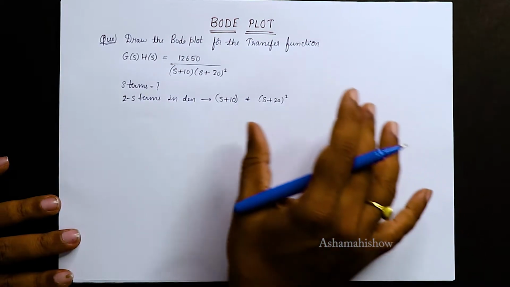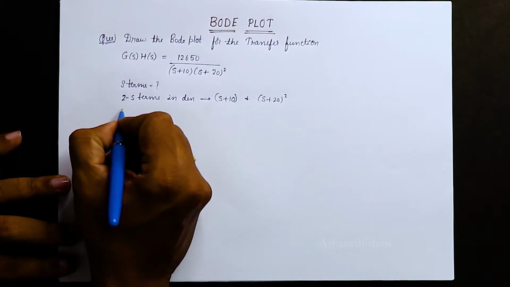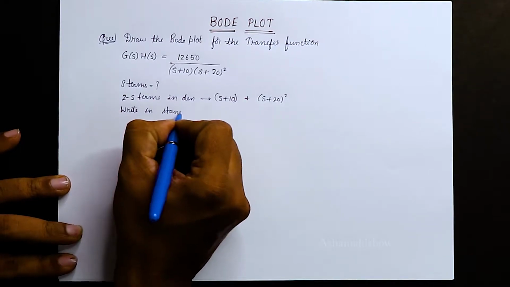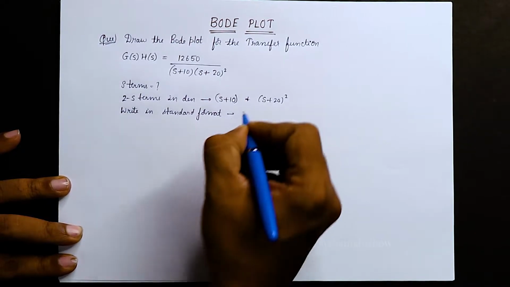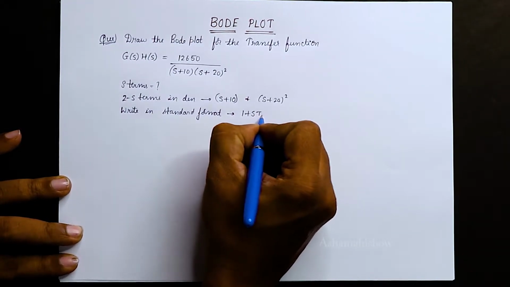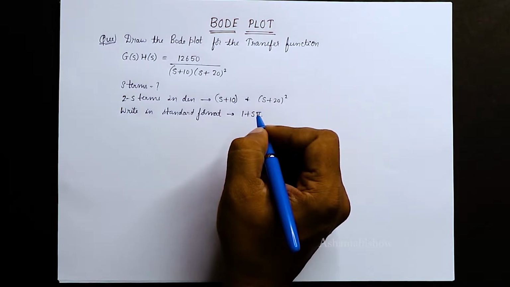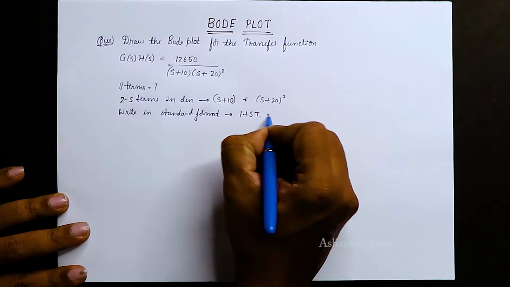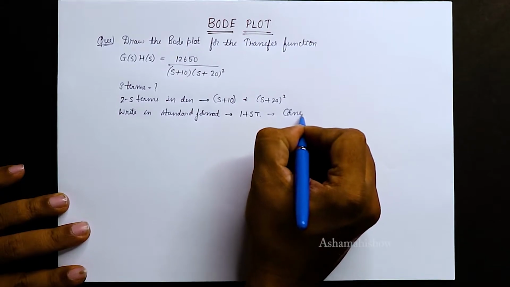Now we need to write this in the format of 1 plus s t. And this standard format is used when we are drawing a table for the magnitude plot and for the corner frequency.